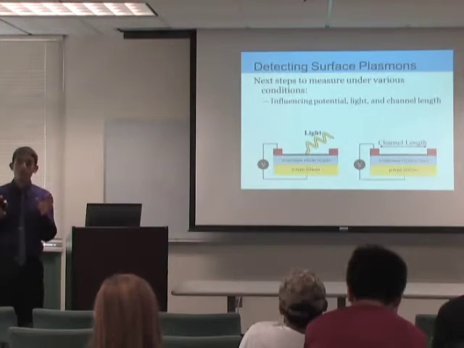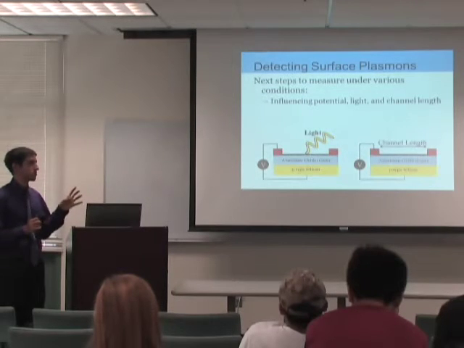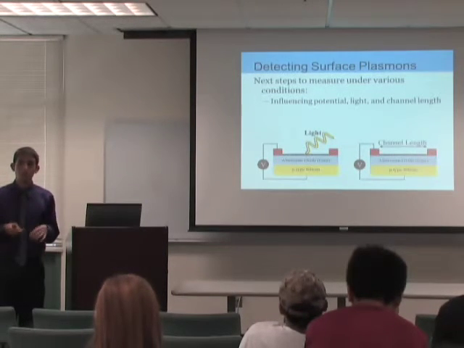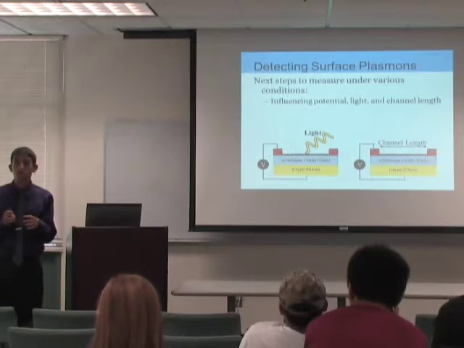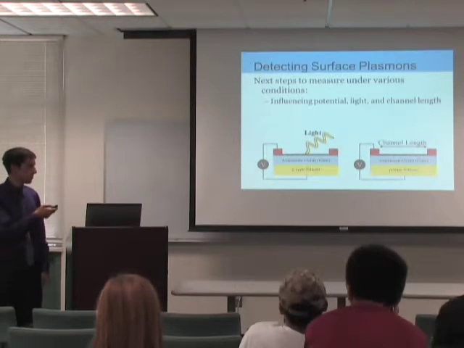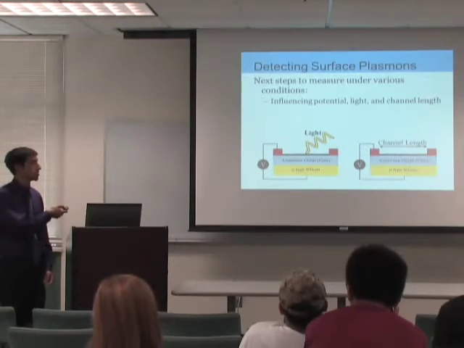Although we'll only be looking at the visible light spectrum, because these surface plasmons are created with simply visible light, we would like to look at separate spectra of the visible light spectrum. And finally, we'll be looking at different lengths of our channel.